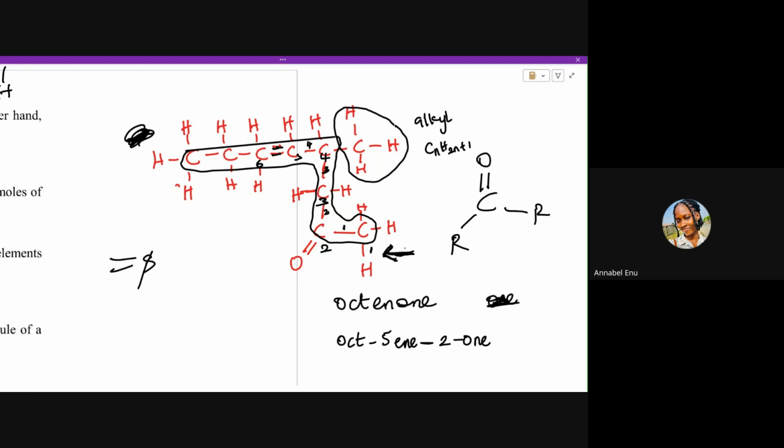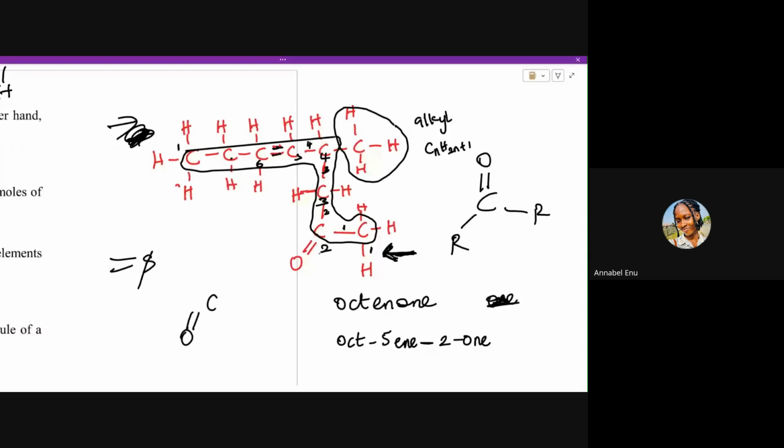Because when we count from this other side, our functional group of priority, which is this C double O, is going to give us a smaller number. But if we count from the other side, it will give us a bigger number because we will make this first C to be 1, then 2, 3, 4, 5, 6, 7. So it will now be number 7. 2 is better than 7 because we want it to be as small as possible.